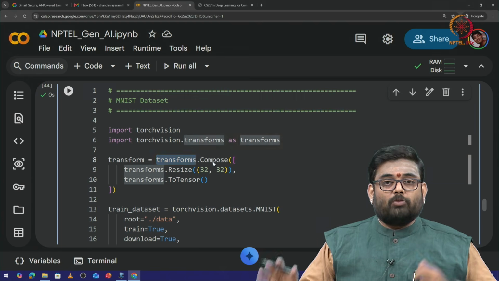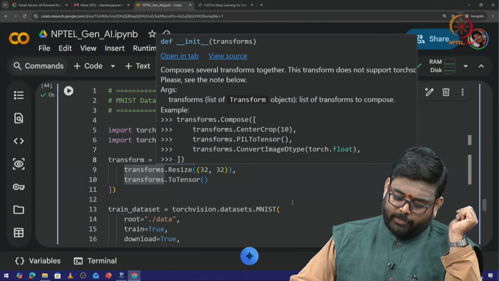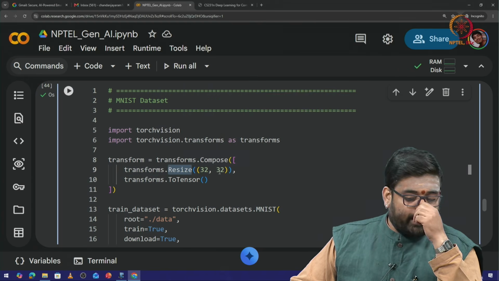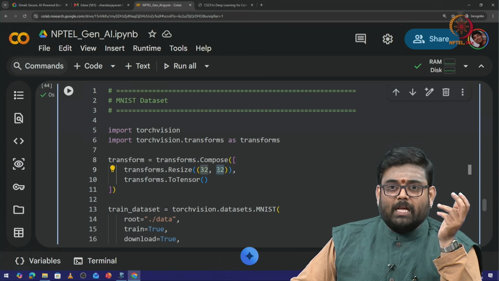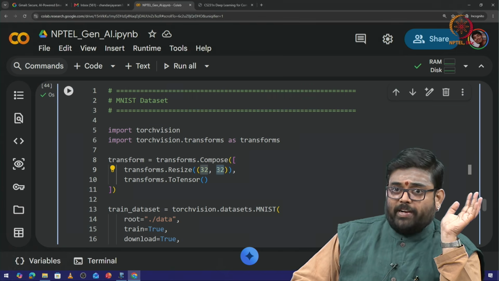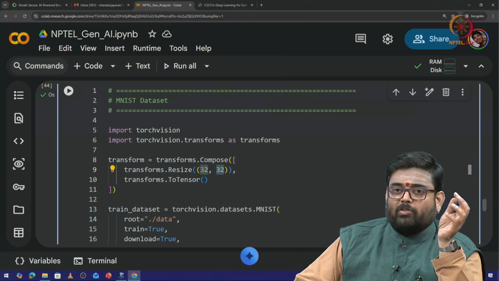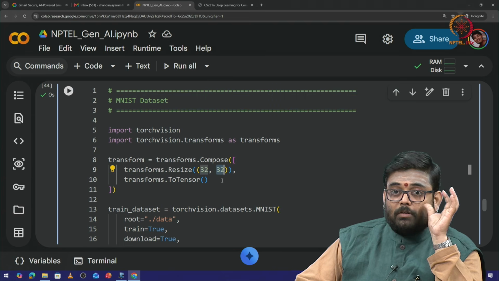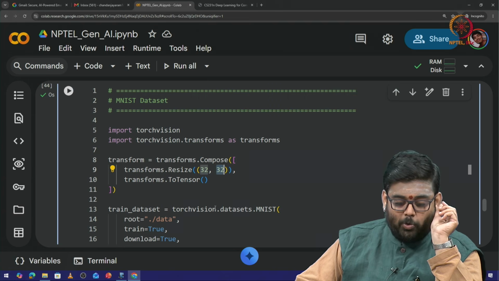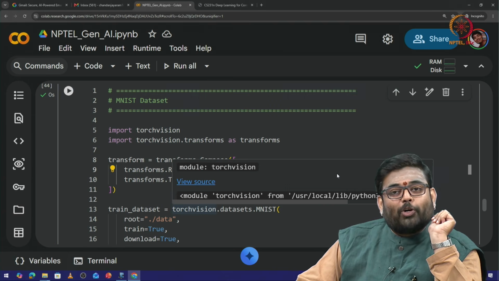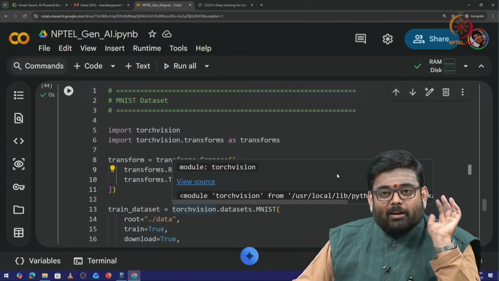So you compose, you bring all the transformations together. First you are converting it into 32 cross 32. MNIST is 28 cross 28, and you are just extrapolating it into 32 cross 32. The reason why I am doing it is that initially I wanted to show it on a 3 channel image, which is CIFAR10. Okay.